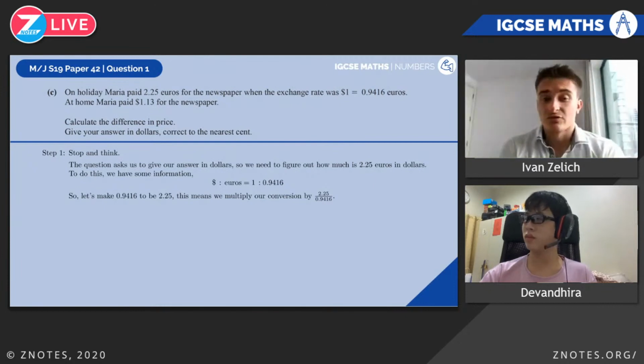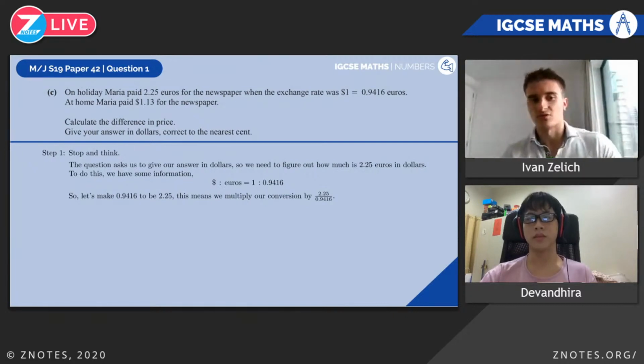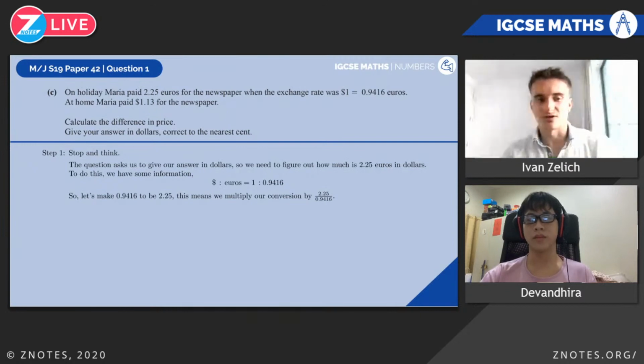We know $1 is 0.9416 euros. So, as always, our goal is to make this ratio bigger in order to find the corresponding dollar amount. So we'll make 0.9416 to be 2.25 euros. And that conversion rate is 2.25 on 0.9416.